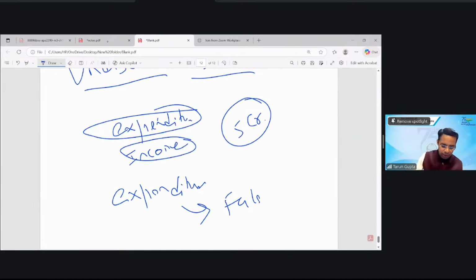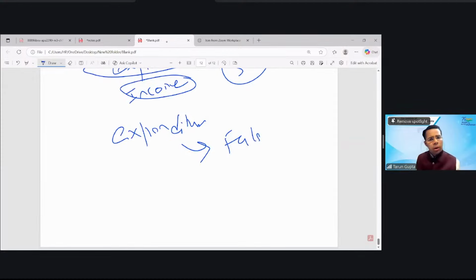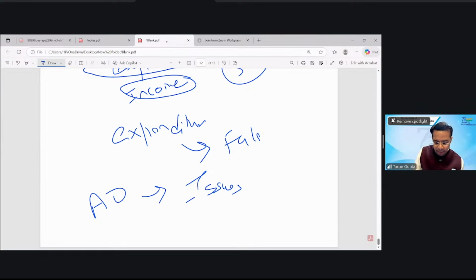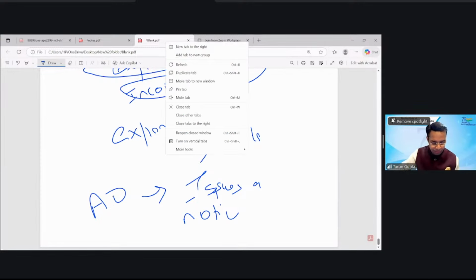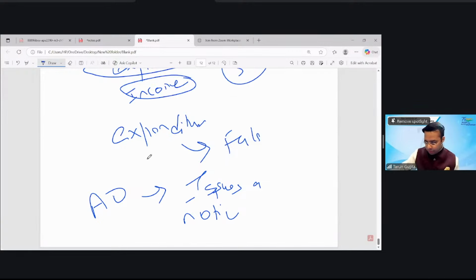What happens when a search is conducted? Once the search is concluded, the AO goes to his office and issues a notice to the assessee. What notice? The notice asks the assessee to furnish a return of income.